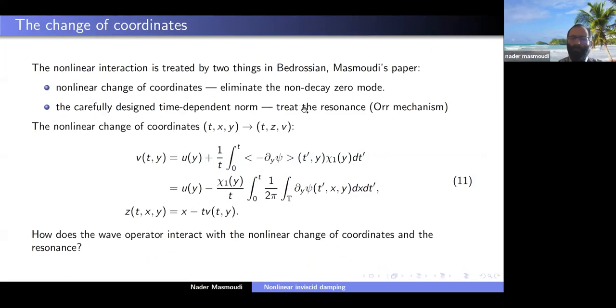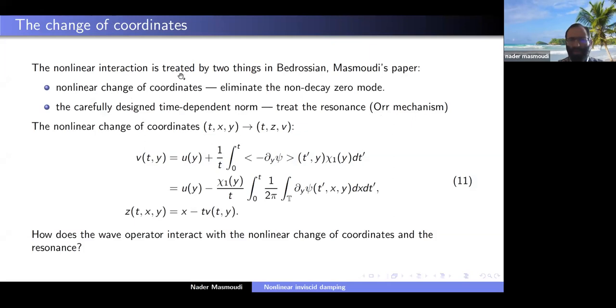I'm not going to talk too much about this. It turns out that the resonance is actually the main difficulty in the paper with Jacob. And the good thing is that it works the same in this case.